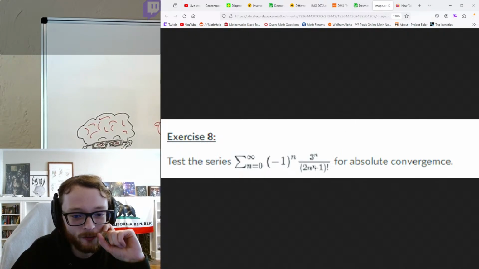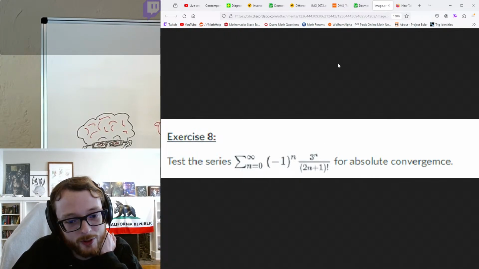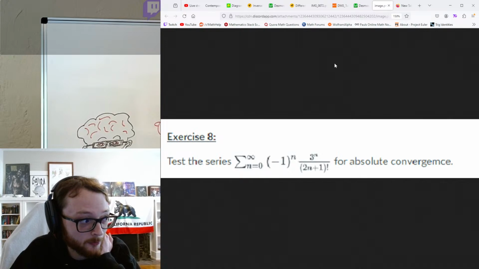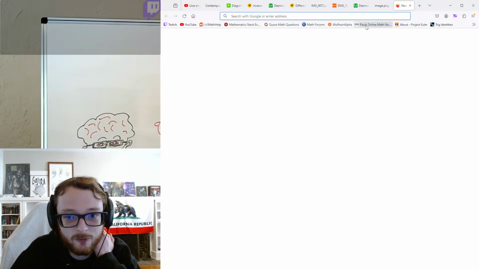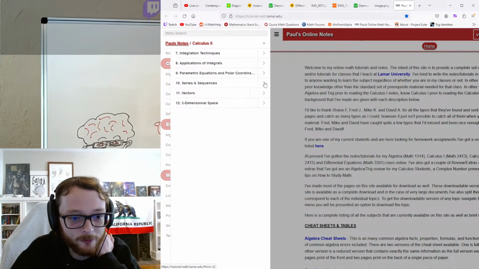Instantly, I see a factorial, which means taking the limit is usually out. I wouldn't do the test for divergence here because... Actually, okay, let me just show the alternating series test, because that's really what it is rather than the divergence test.